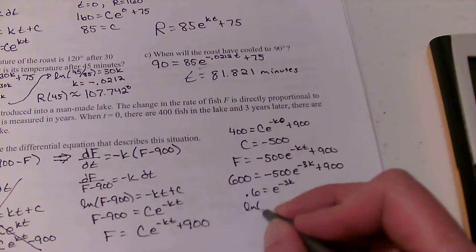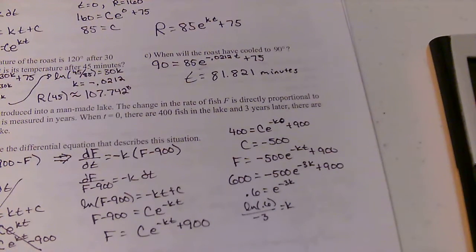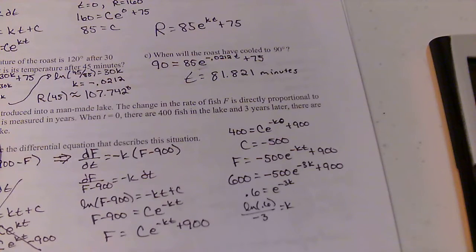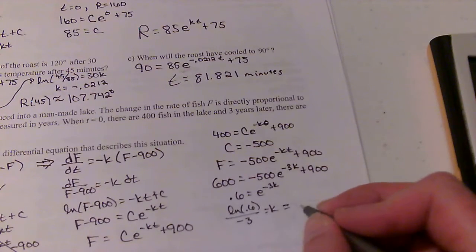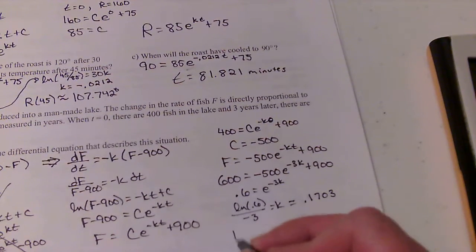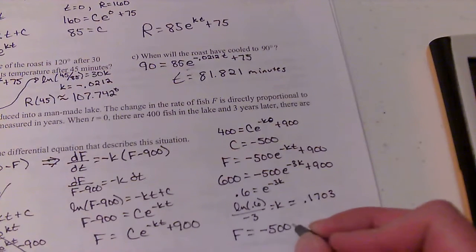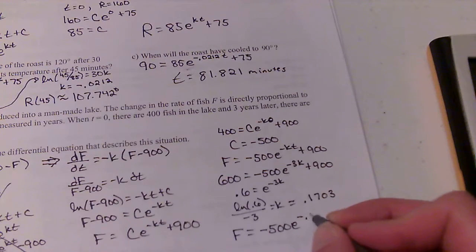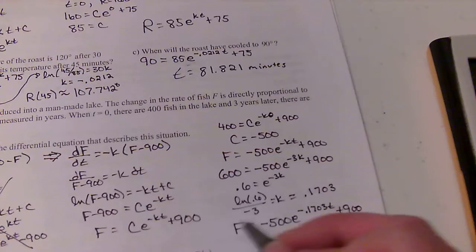So natural log of 0.6 divided by negative 3 is going to be my k. Natural log of 0.6 divided by -3 gives me a k value of 0.1703. So here's my official equation. C was -500, e to the negative 0.1703t plus 900.